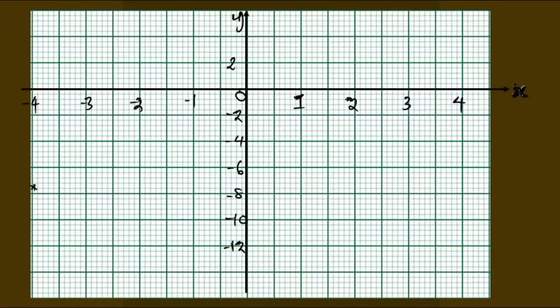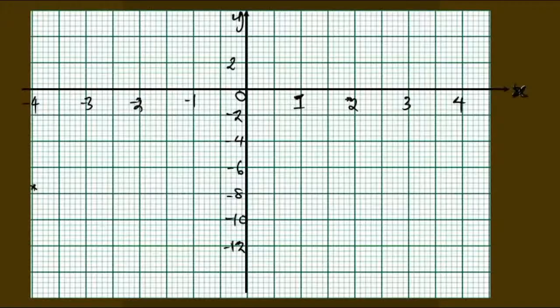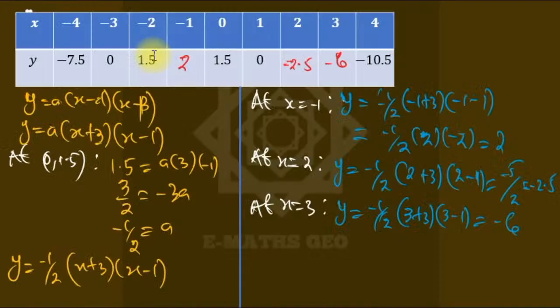For x equals minus 3, y is 0, so it is on the x-axis. The other one is x equals minus 2, y equals 1.5.